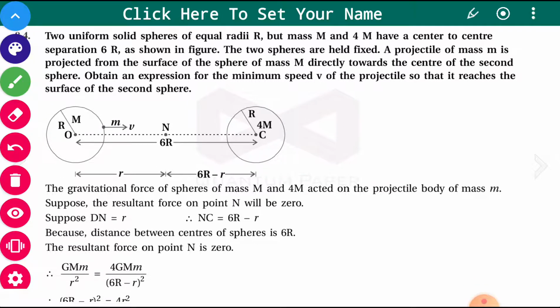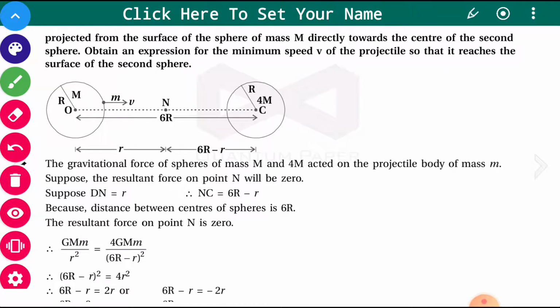A projectile of mass m is projected from the surface of the sphere of mass m, towards the center of the second sphere. Obtain the expression for the minimum speed v of the projectile so that it reaches the surface of the second sphere.